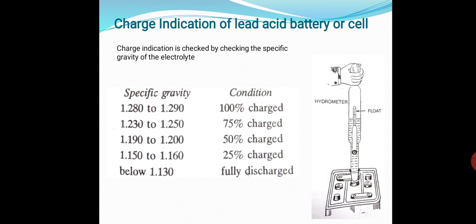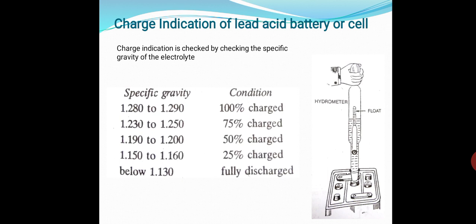In this method we check the specific gravity of the electrolyte with the help of an instrument known as a hydrometer. As you can see on the right hand side, there is a figure where a person is handling a hydrometer, and there is a ball. By pressing that, you can suck the electrolyte in through that vent.